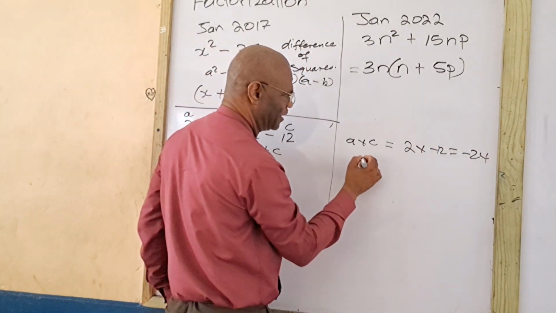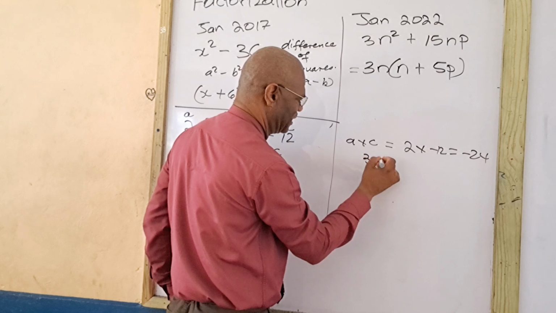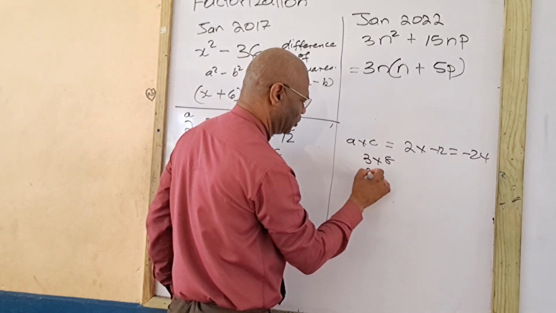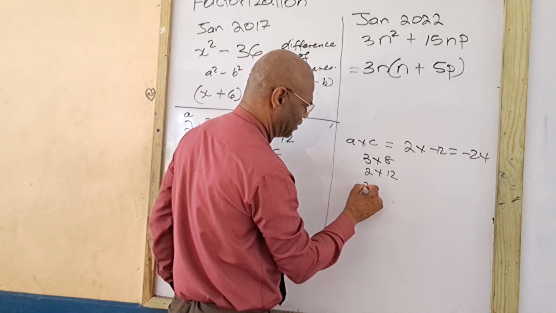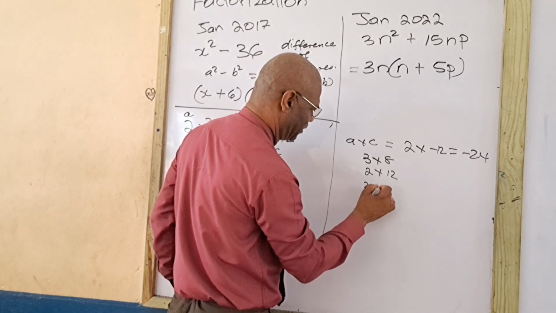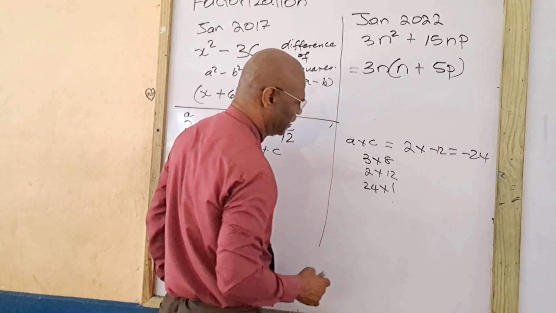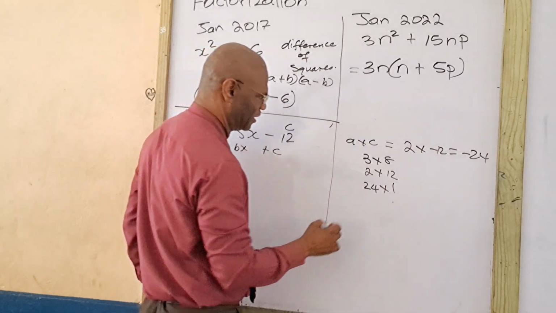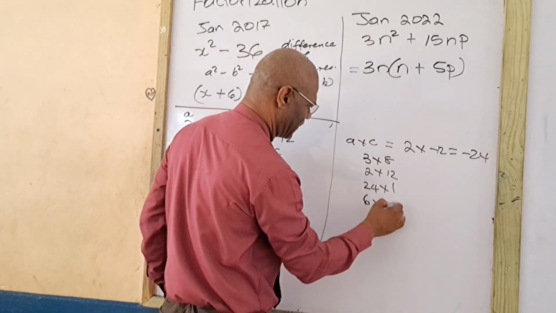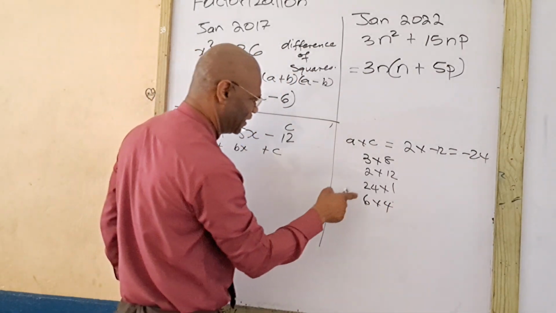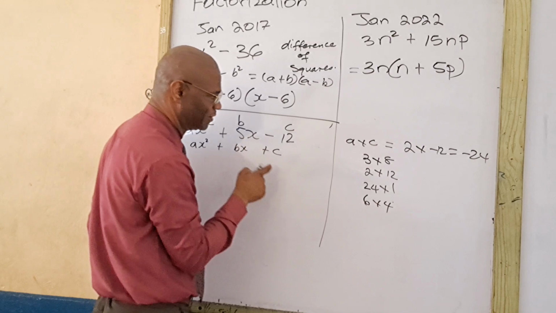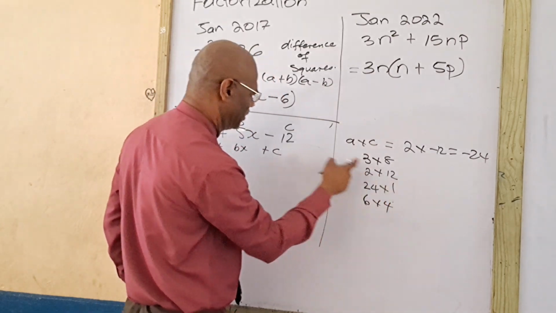We have 3 times 8, 2 times 12, 24 times 1, 6 times 4. 6 plus 4 will not give us 5. 24 plus 1 will not give us 5. 2 times 12 will not give us 5.